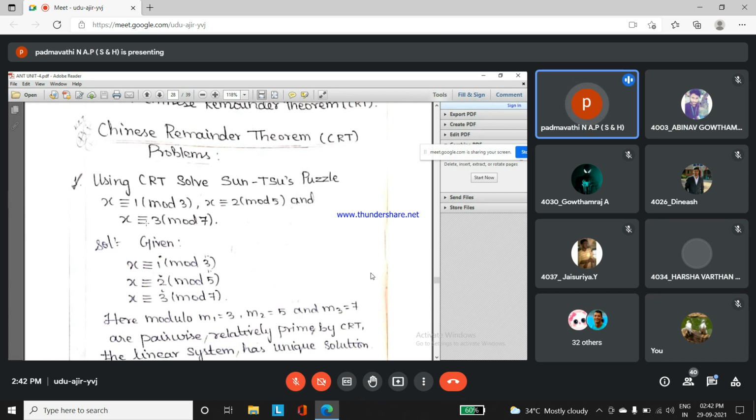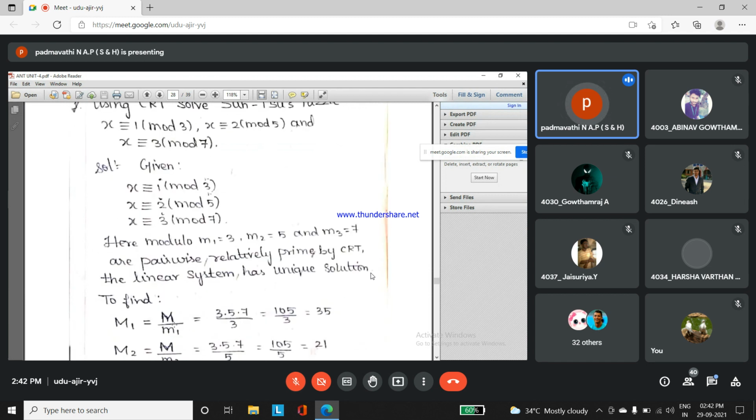And X is congruent to A3 mod M3. So three values are given. First write the given: X is congruent to 1 mod 3, that is A1 equal to 1, M1 equal to 3. Then A2 equal to 2, then M2 equal to 5. Then A3 is equal to 3, then M3 equal to 7.